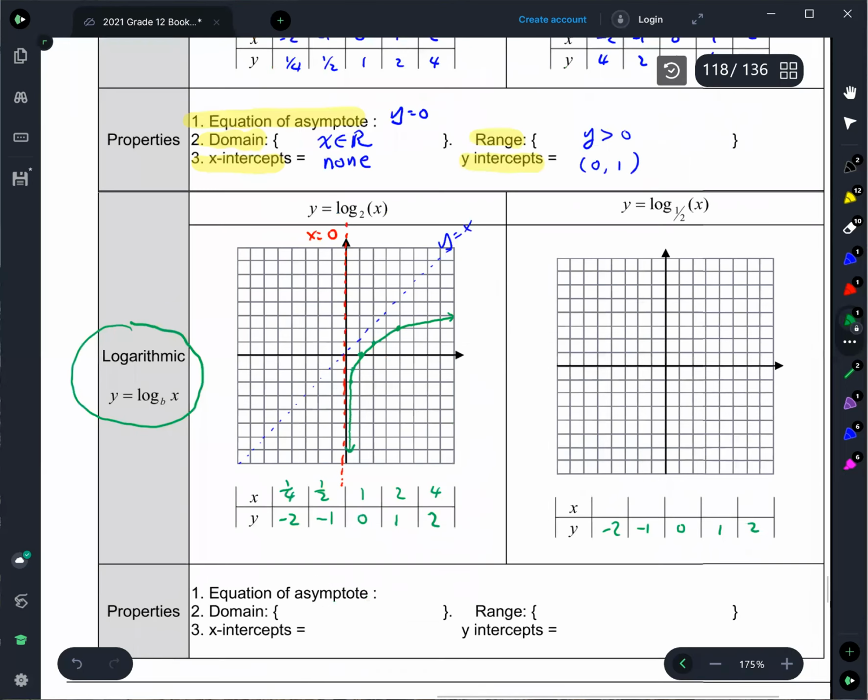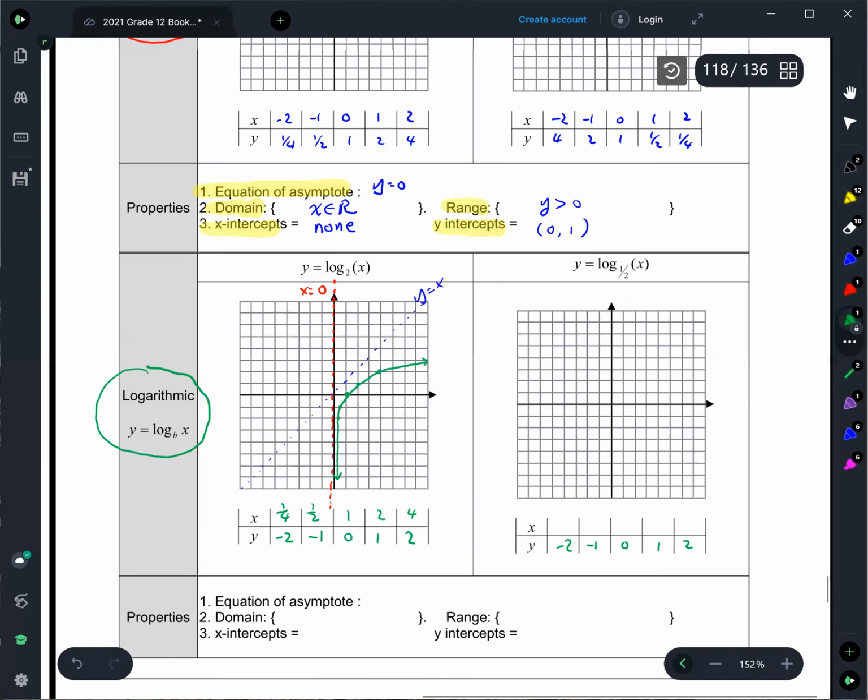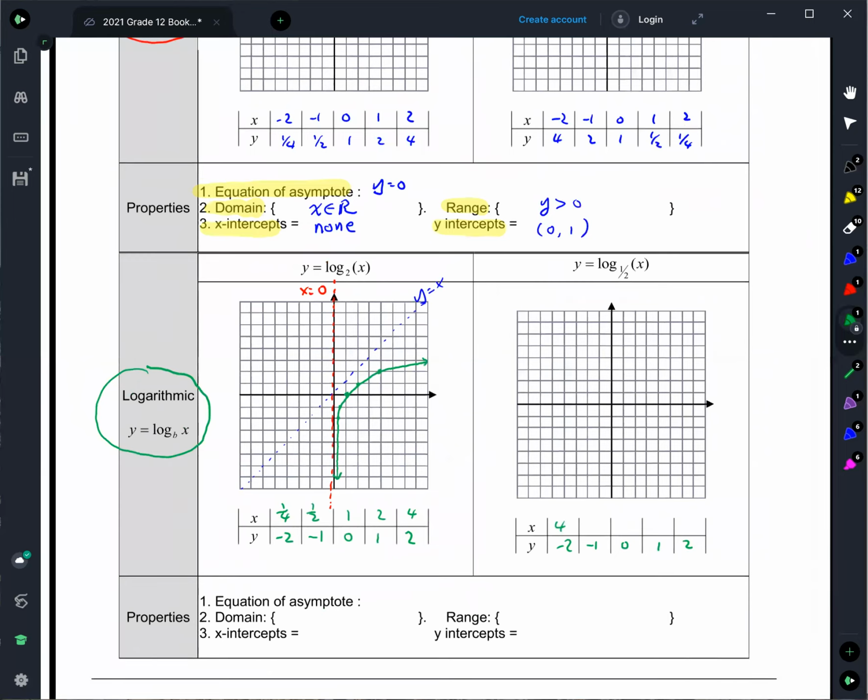Right, let's check the points now. So -2 should be 4, -1 is half, 2, right? 1, 1/2, and 1/4. Okay, 4 is -2.